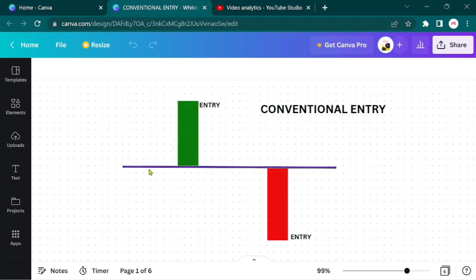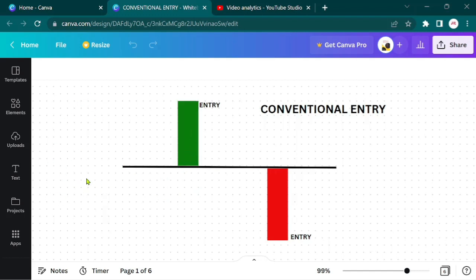If this is a resistance, when a candle breaks the resistance and closes above it, it is considered to move forward. When this line is a support, a candle breaking down the support is considered to move downwards. A conventional entry trader enters only after the candle is closing.